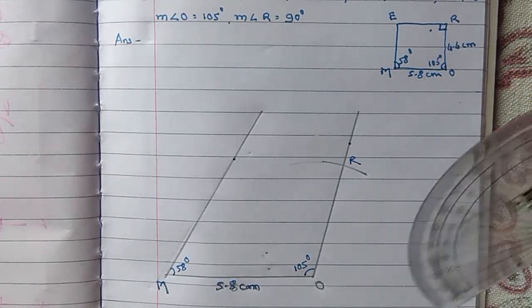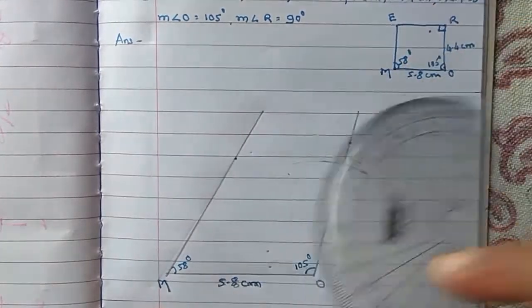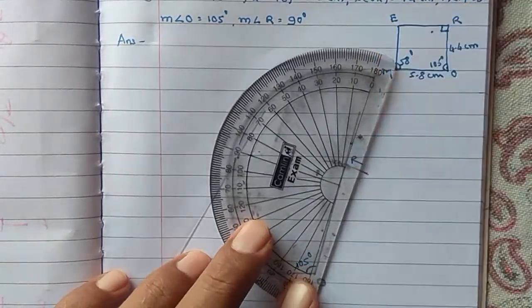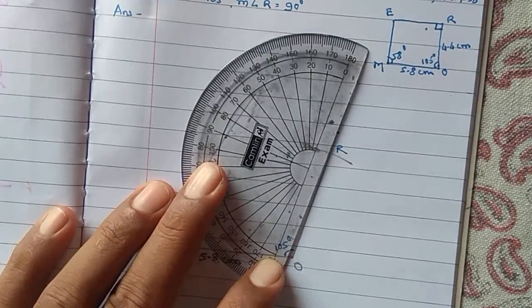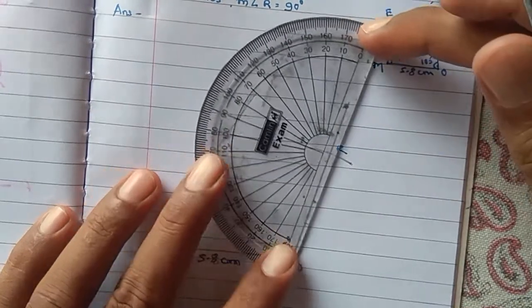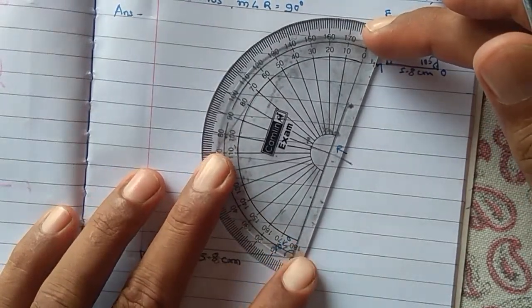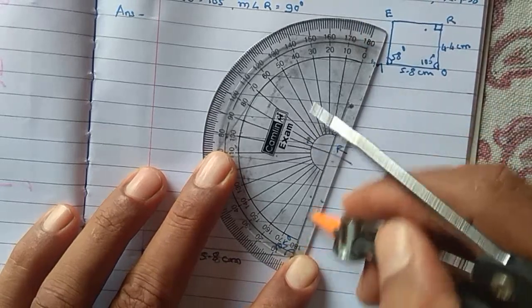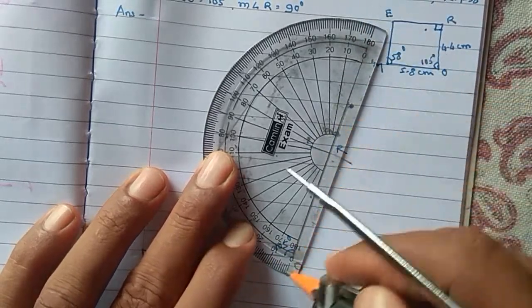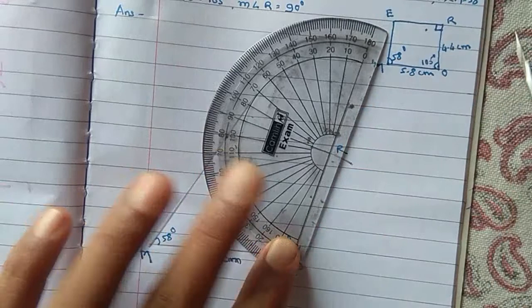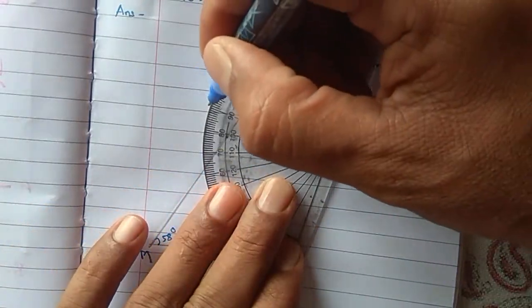Now the next step is we have to take 90 degree angle from the point R. Adjust the protractor properly on the point R and the baseline on the side OR, and take the marking of 90 degree.